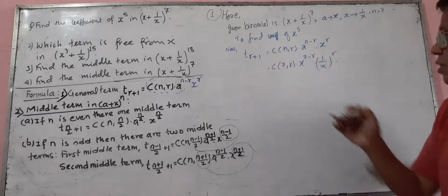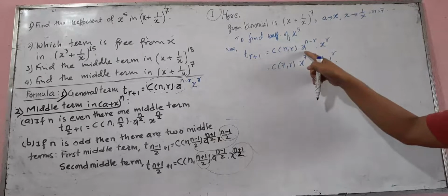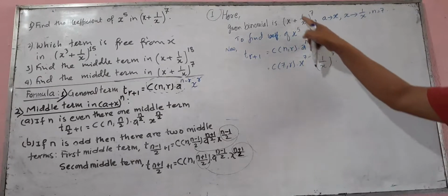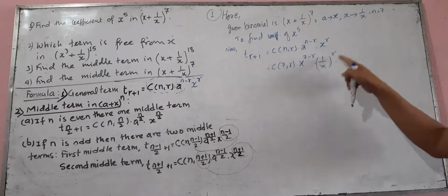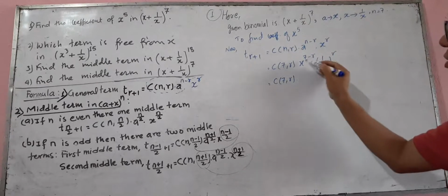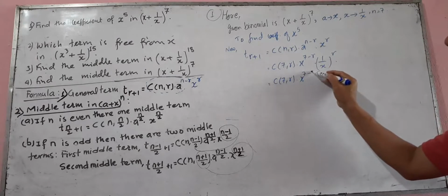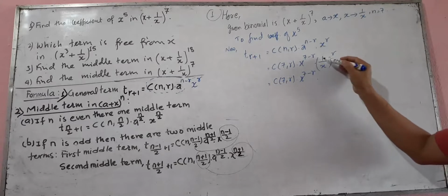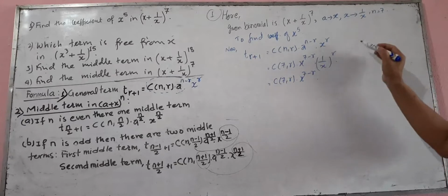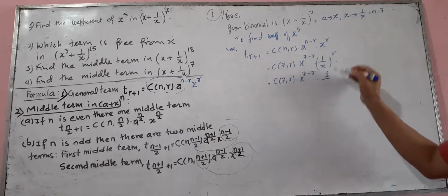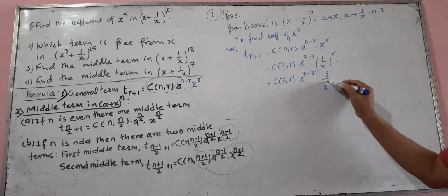So C(n,r), a to the power n minus r, and x is 1 by x, r as it is. So C(7,r), x to the power 7 minus r, times the power of 1. You know, any power of 1 is 1. So 1 to the power r is 1, and x to the power r.